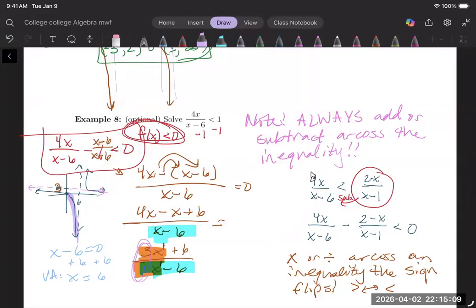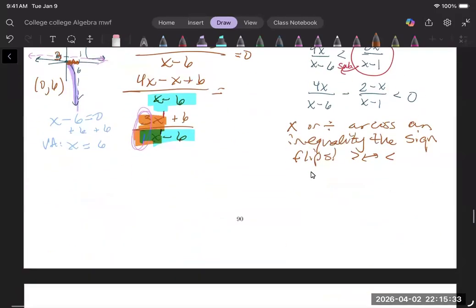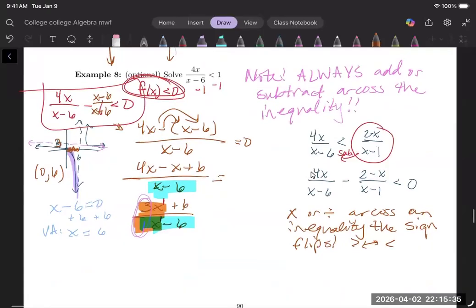So that is 0 to 6. And we're strictly less than, so all parentheses all the time. Because we are just trying to figure out how do I represent this chunk of the x-axis. There we go. That's the words I'm looking for.